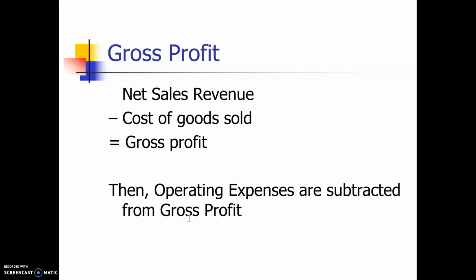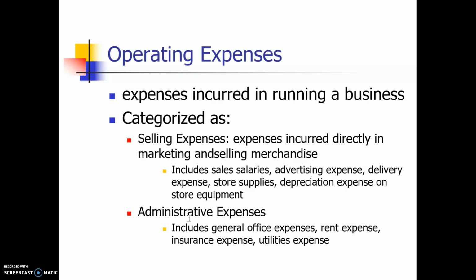Then we're going to subtract our operating expenses. And so our service company, all of their expenses were operating expenses. So we're going to see some similarities here. So our operating expenses are going to be broken down into two categories: selling expenses and administrative expenses. Our selling expenses are going to be anything having to do with the sales function.